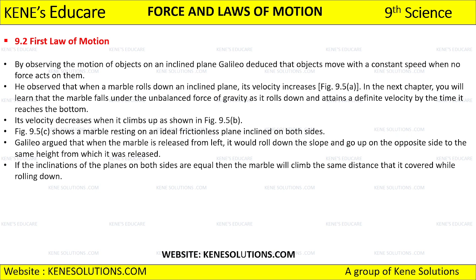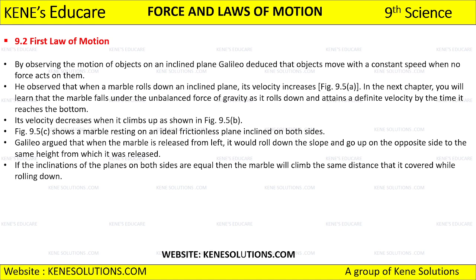And he observed that when a marble rolls down an inclined plane, its velocity increases. Just consider the marble rolling, and when that marble rolls down the inclined plane, its velocity will increase. In the next chapter you will learn that the marble falls under the unbalanced force of gravity.